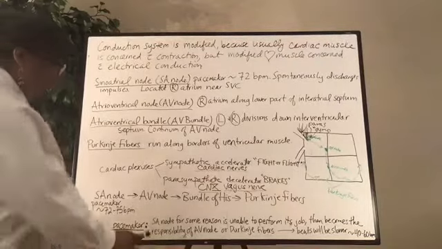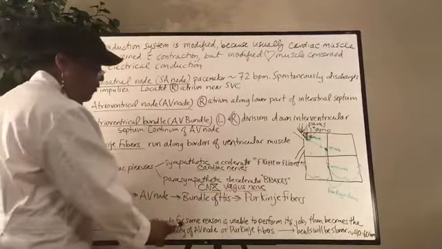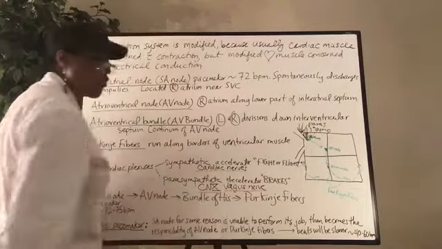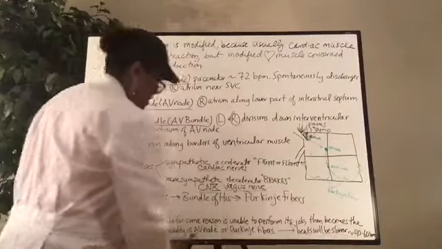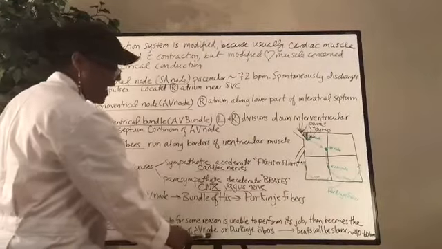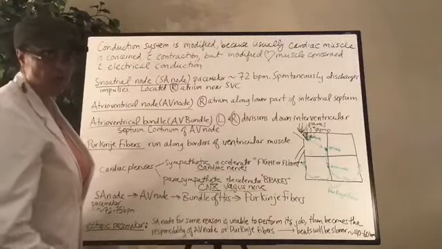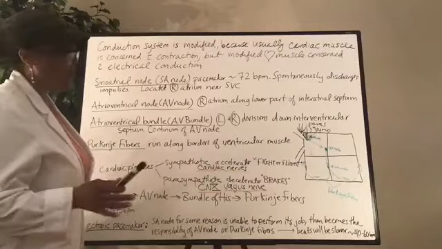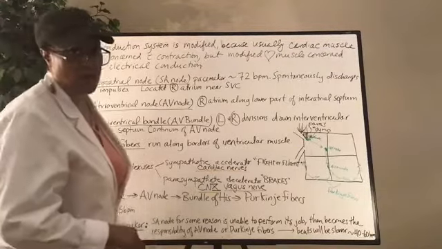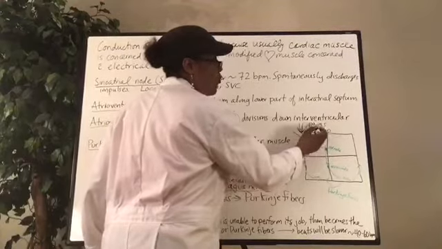For some reason, the SA node is not working. So the SA node, for some reason, is unable to perform its duty, perform its job. Then it becomes the responsibility of the AV node or the Purkinje fibers to take over the duties of the SA node. For example, maybe you had an MI, a heart attack, and it knocked out the SA node. Well, now where are you going to get the signal?